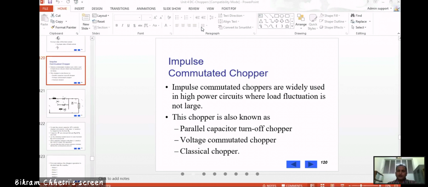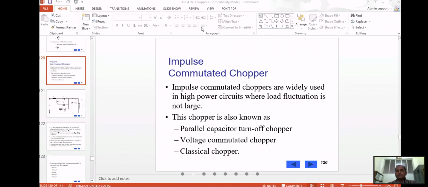You know that the load is not going to vary, so if you want to use a chopper where the load does not vary, you can use this impulse commutated chopper.